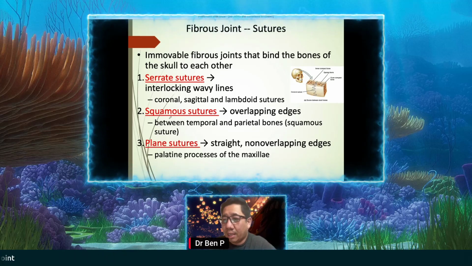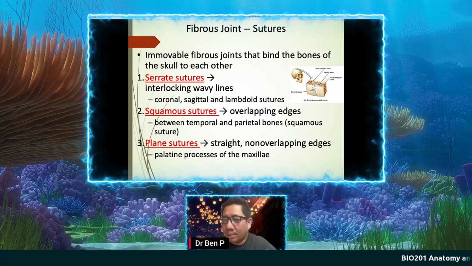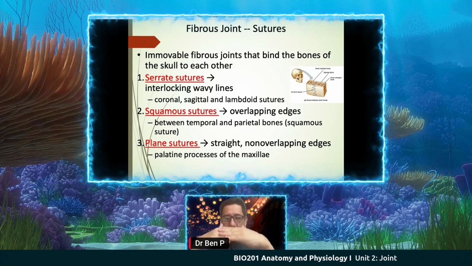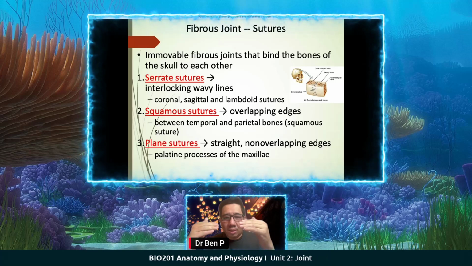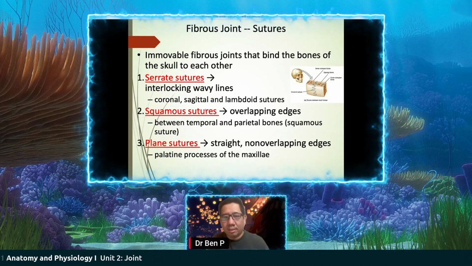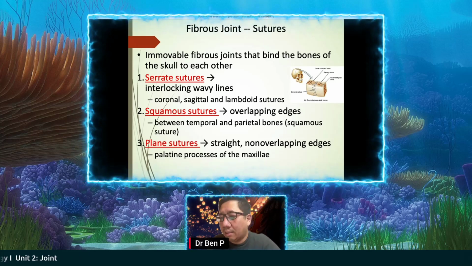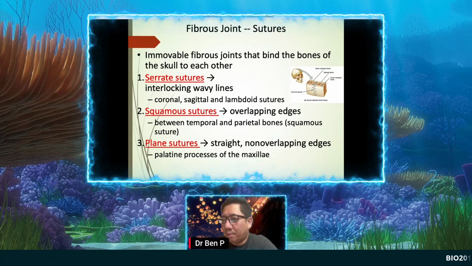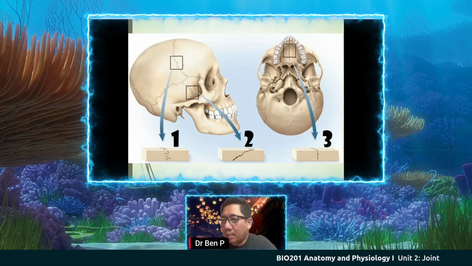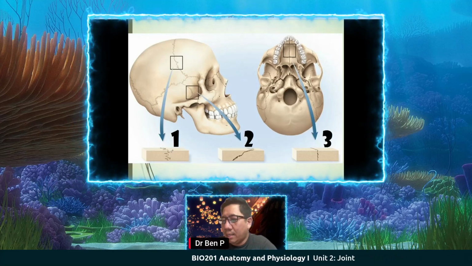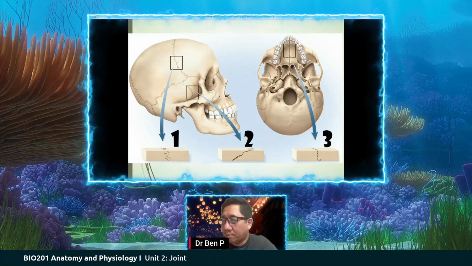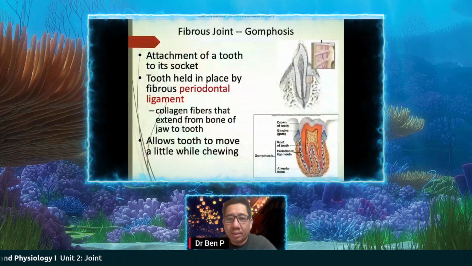Squamous suture is the only type that does not look the same; it's basically one on top of another. And then plane suture has no overlapping, two bones just come together. So number one would be interlocking, this one is one on top of another, and this one just comes together. You can see three different types.